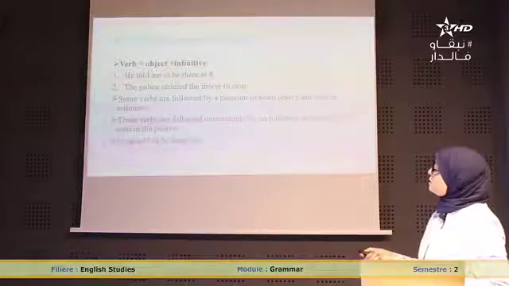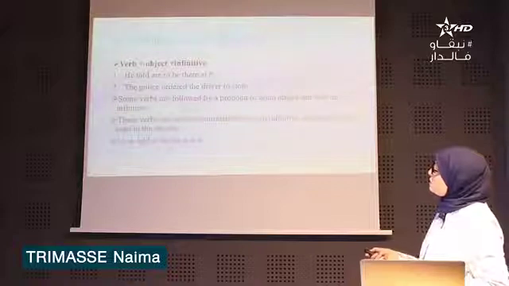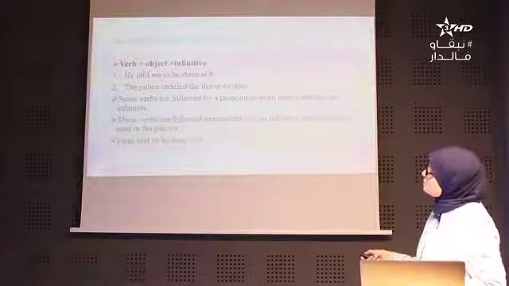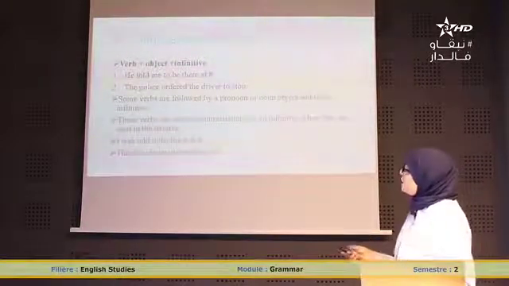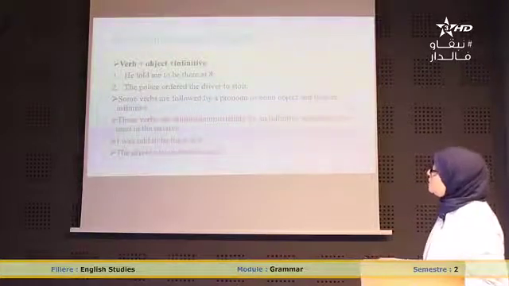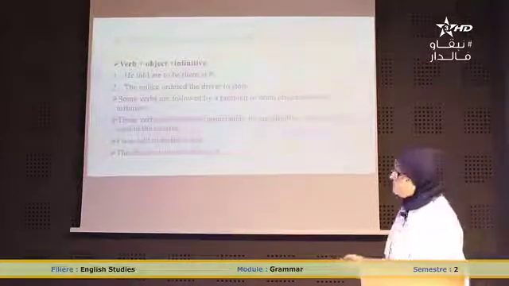Now, there is nothing between the main verb and the verb to be, because the sentence is in the passive, and because obviously the object takes the place of the subject in the sentence. The driver was ordered to stop. Again, there is nothing between the verb to be and the main verb of the sentence.